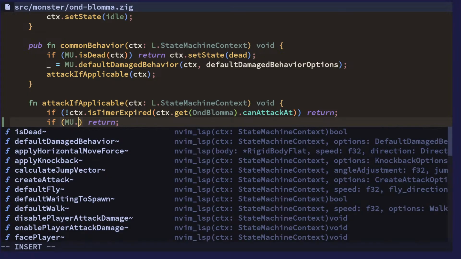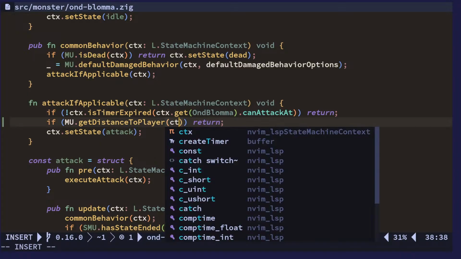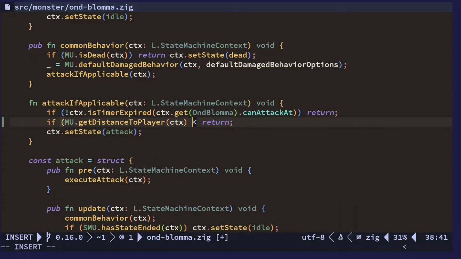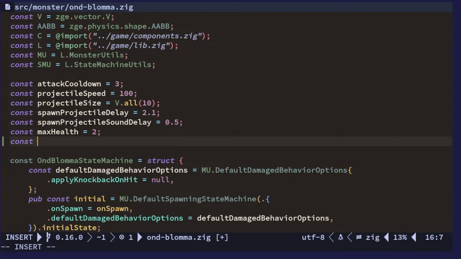I think monster utils distance from player is going to be less than or equal to attack range, I guess.